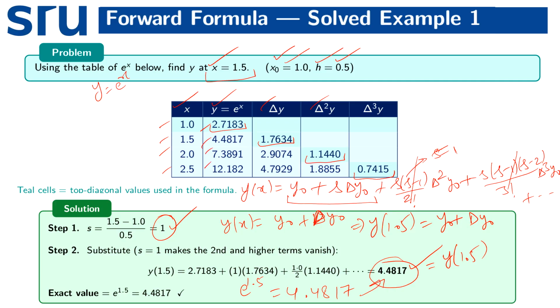You can see from here that when s equals 1, the calculation becomes very simple. Only the first two terms contribute in this question. This shows the efficiency of Newton's forward formula. Now let us move to the next example and next slide.